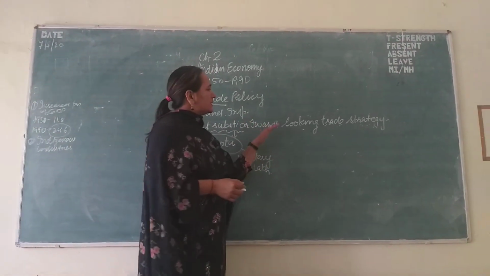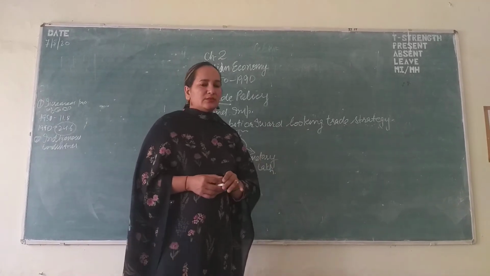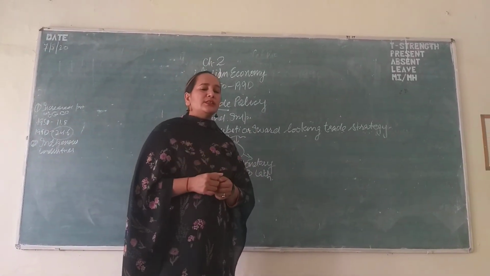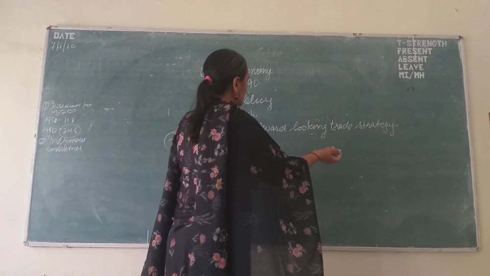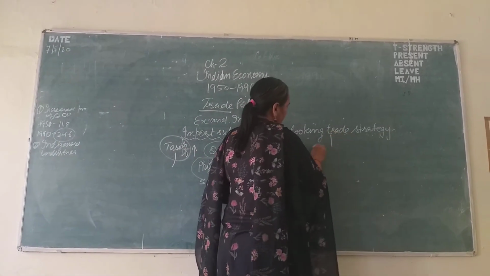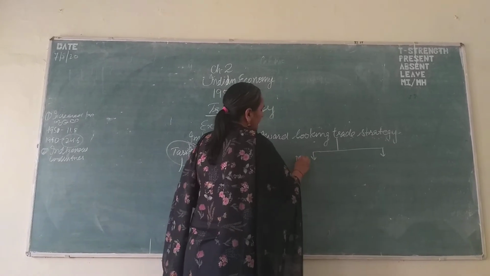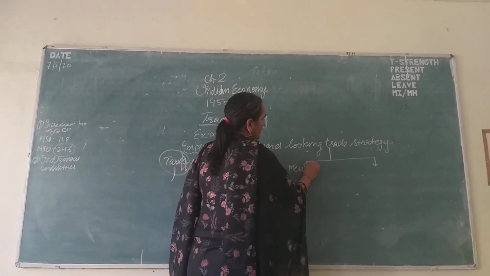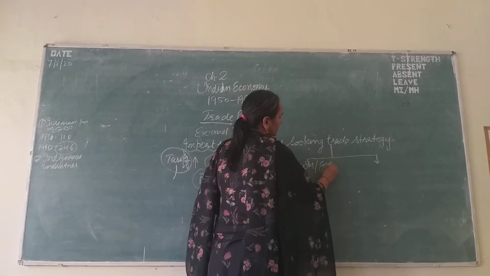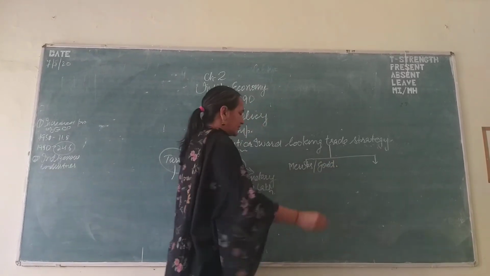By following this inward looking strategy, India has got certain benefits and also non-benefits, or merits and demerits. Now there are certain merits or good impacts of inward looking trade strategy.